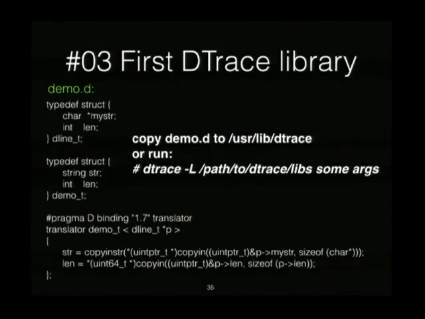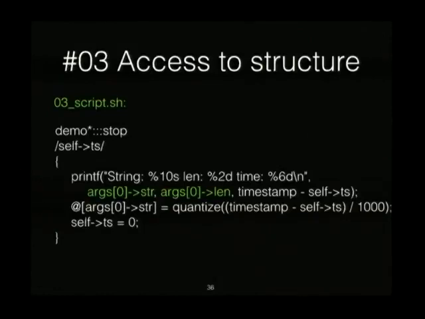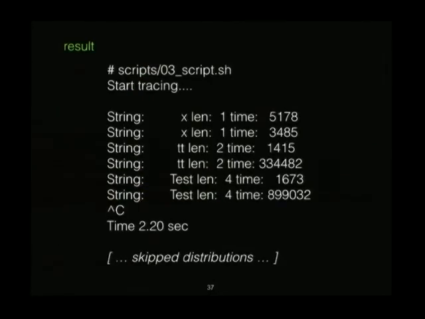And after running, you can translate your C function arguments to DTrace and show them in code, and then you can get it from short code in DTrace. That's all, it is only structures. And results.